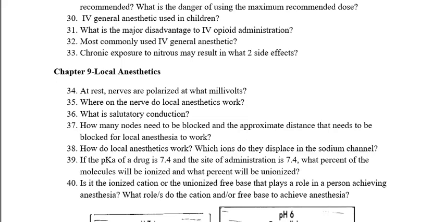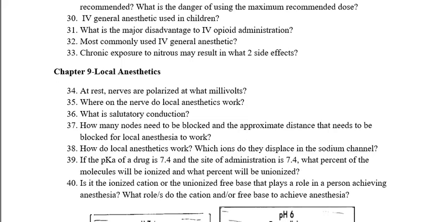So pKa has to do with the drug and the solution in which it's placed, that pH, and that will determine how much of the drug dissolved is ionized and how much is non-ionized. So if the pKa of the drug is 7.4 and the site of administration is 7.4, 50% will be ionized and 50% will be unionized.